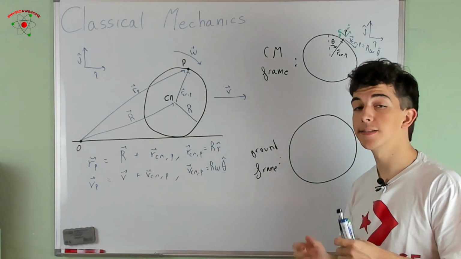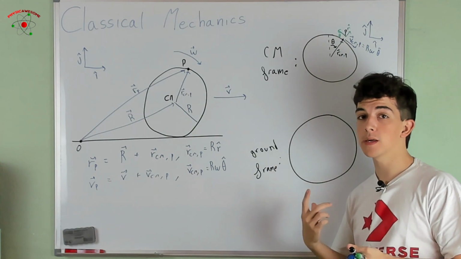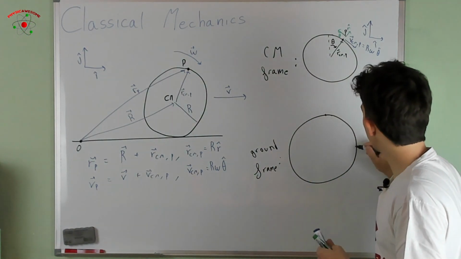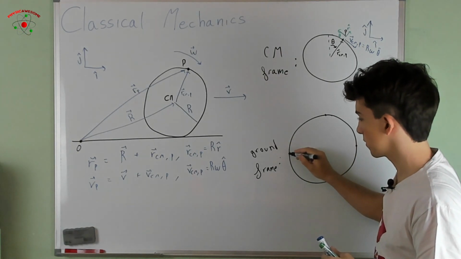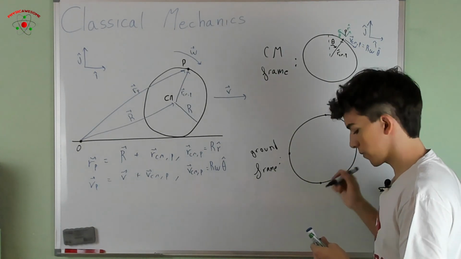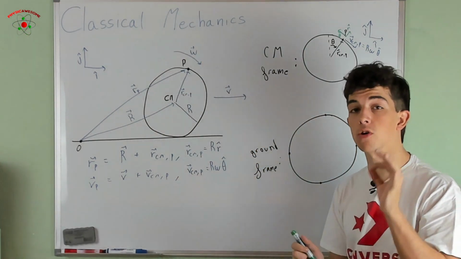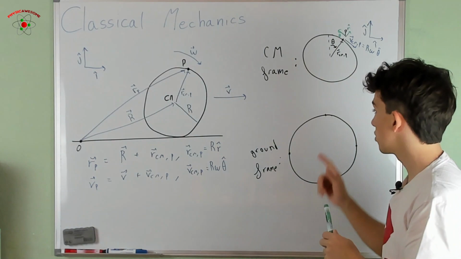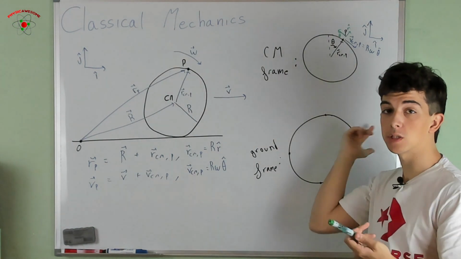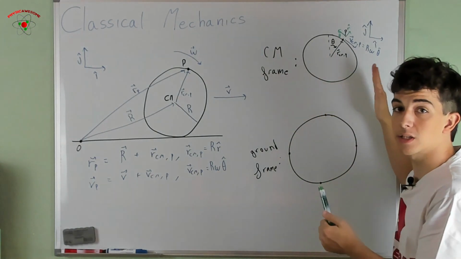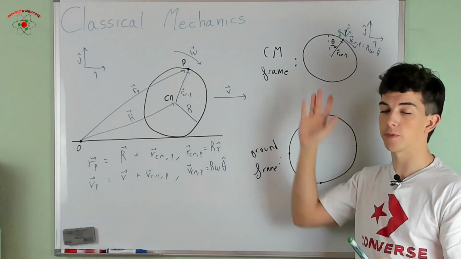Let us analyze the total velocity of our point P at four different points: the top, both sides, and the bottom. At every point, we're going to have a constant velocity V_CMP, which is going to be equal to rw in magnitude, and it's always going to point tangent to our circle.